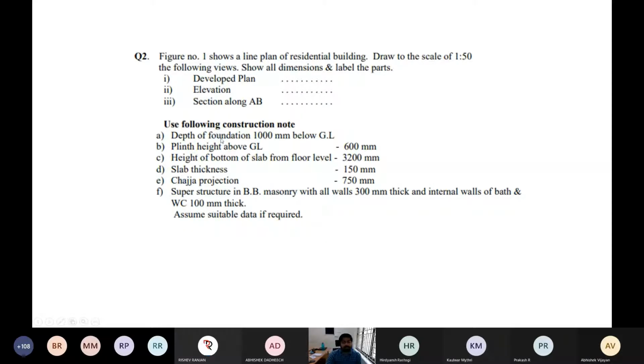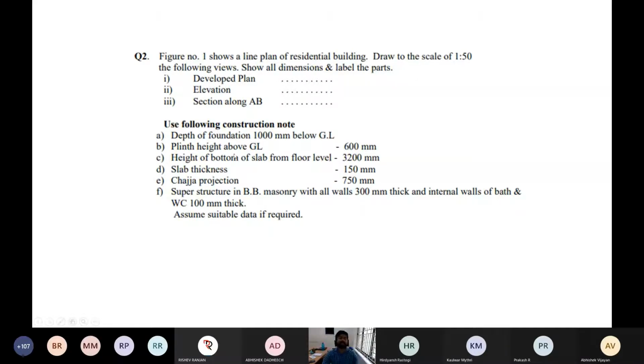So these are some specifications here. Depth of foundation is 1000 mm below ground level. That is the first specification. Depth of foundation is nearly 1 meter, 100 centimeters. Plinth height above ground level is 60 centimeters. Then height of bottom of slab from floor level is 3200.